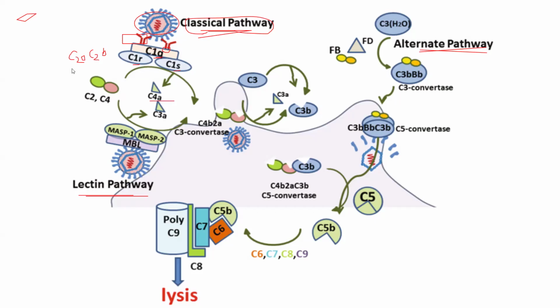These two components, C2a and C4b, come together and make a new enzyme, the active form of the protein, which acts as C3 convertase. It acts on the C3 protein and cleaves it into two parts, C3a and C3b.